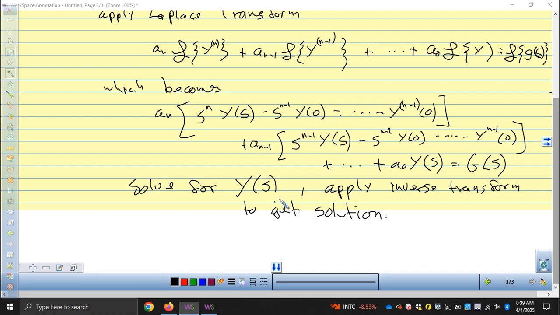One of those types of functions will be piecewise functions. We can have a driving function that's a piecewise function. Something's happening between t equals 0 and some time, and something else is happening after that.